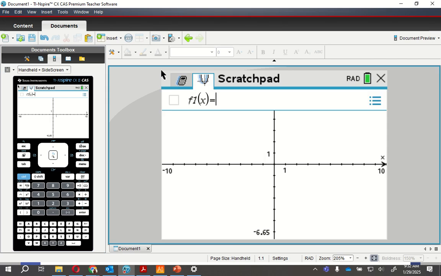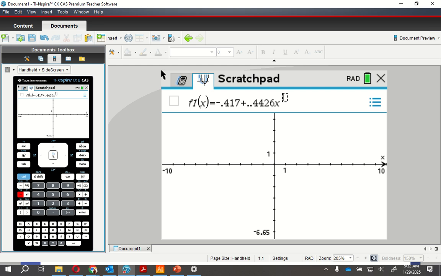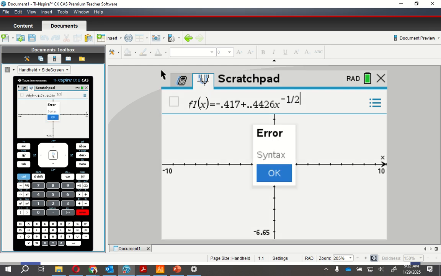So we had negative 0.417 plus 0.426 x raised to the negative 1/2. Oh, dang it.